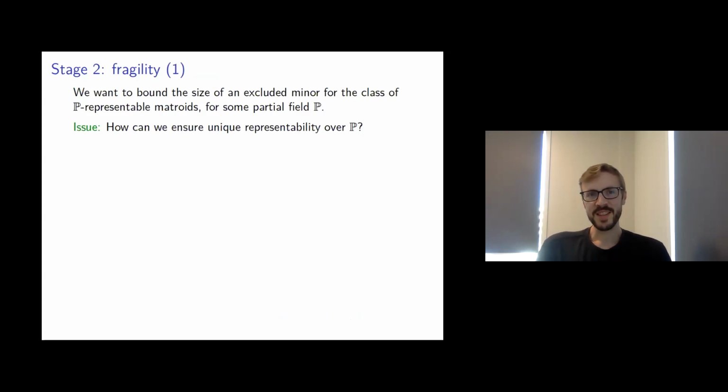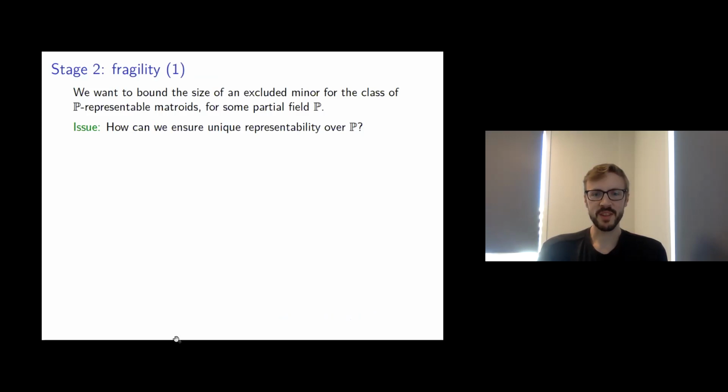Okay, so to stage 2. I want to talk a bit here about this fragility approach to bounding the size of an excluded minor. This argument has been used, for example, towards finding excluded minors for GF(4) or for near-regular.